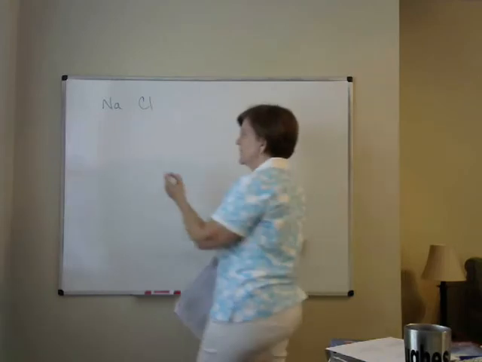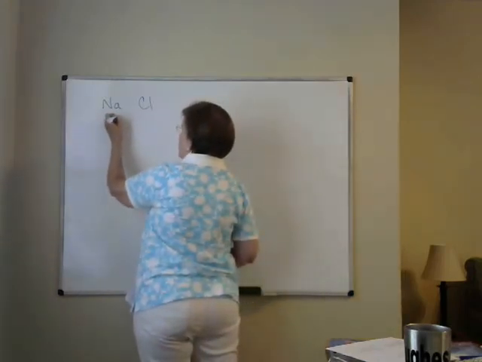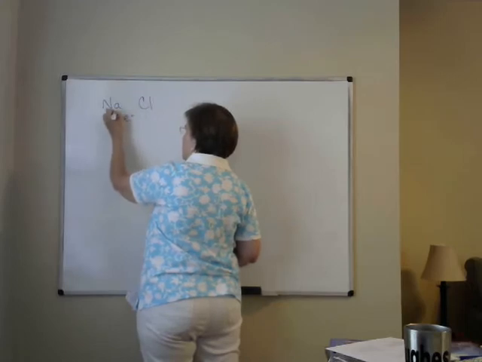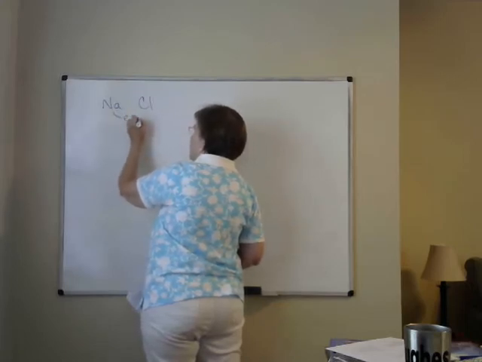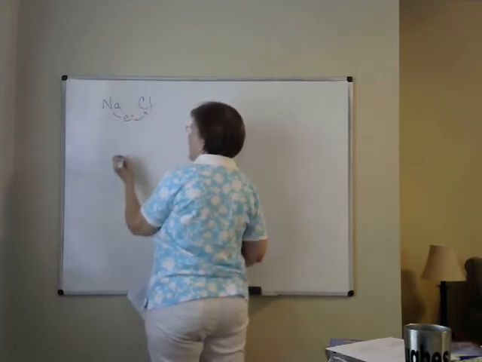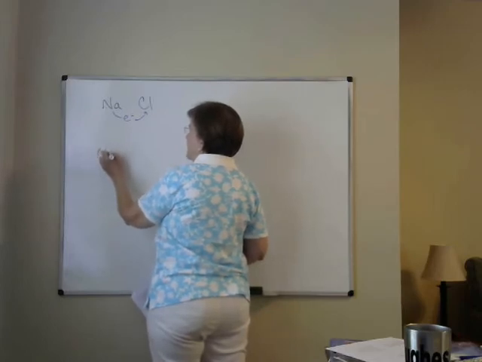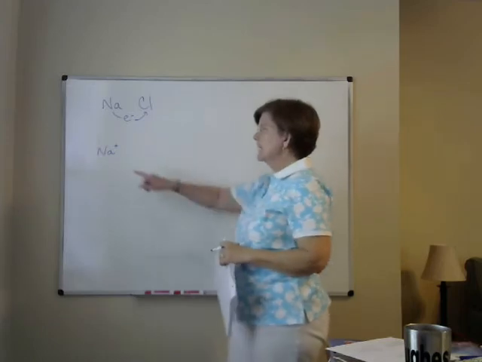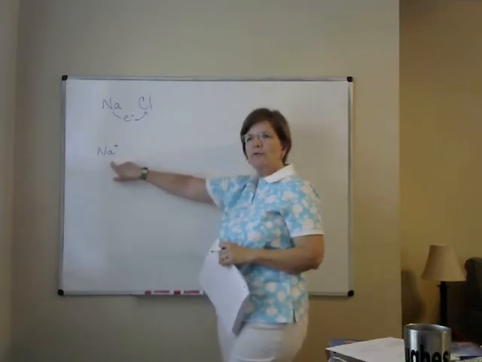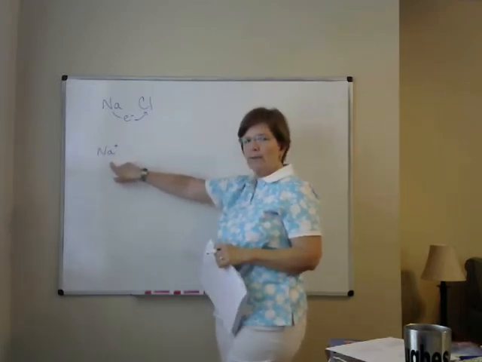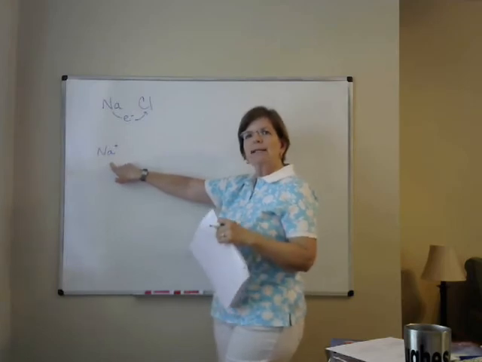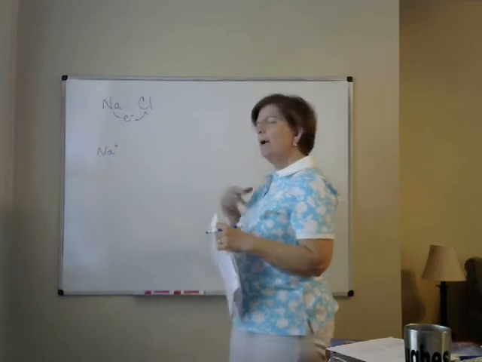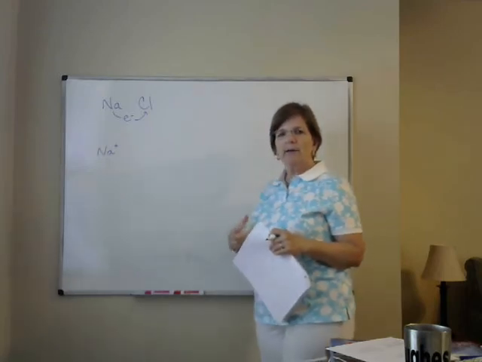So what happens with sodium is it transfers one of its electrons from here to here. That makes the sodium positively charged because now it has one more proton than electron. Instead of having equal numbers, if it gives away an electron, it's missing an electron. It'll be positively charged. That's called a positive ion, I-O-N.